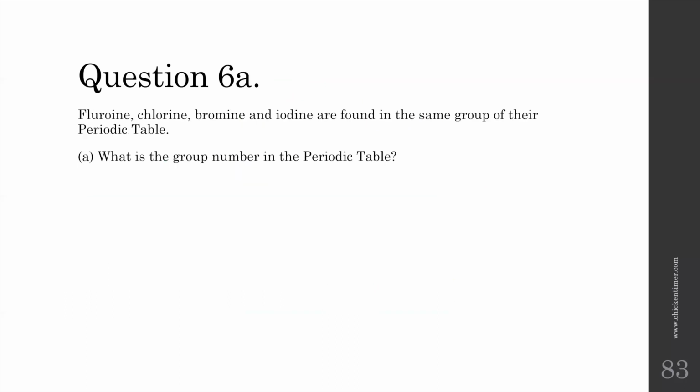Fluorine, chlorine, bromine, iodine are found in the same group of the periodic table. What is the group number? Okay, state two similarities of these four elements.